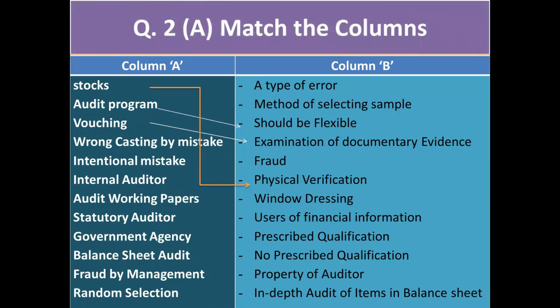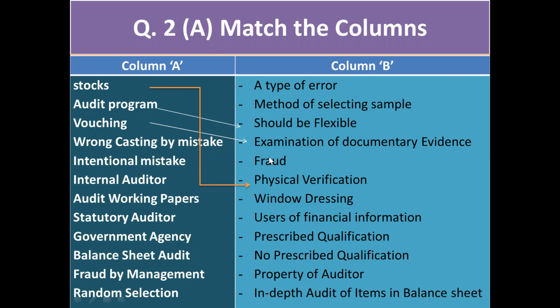Next, the objective type questions include match the columns. So here two columns are given, column A and column B. So you have to match column A with B. So first in this example, you can see the stocks.